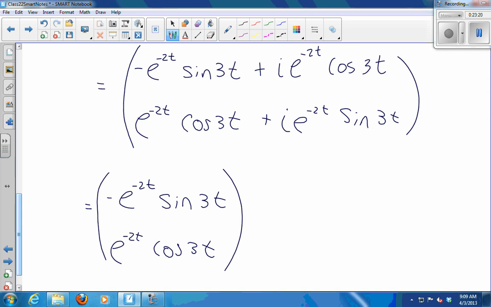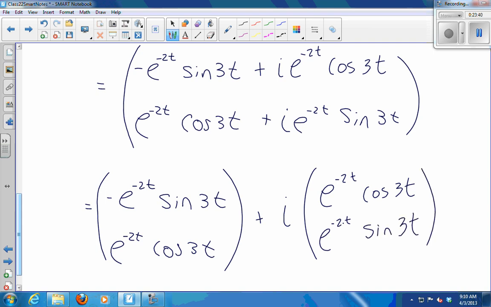That's the real part of my solution, plus i times, so I'm factoring out an i, the imaginary part of my solution: e to the negative 2t cosine 3t, e to the negative 2t sine 3t.